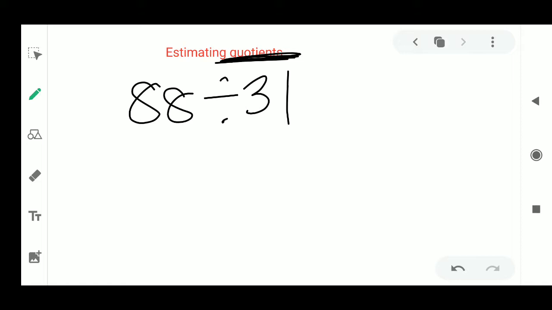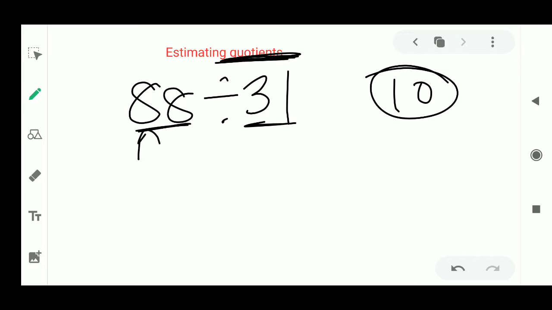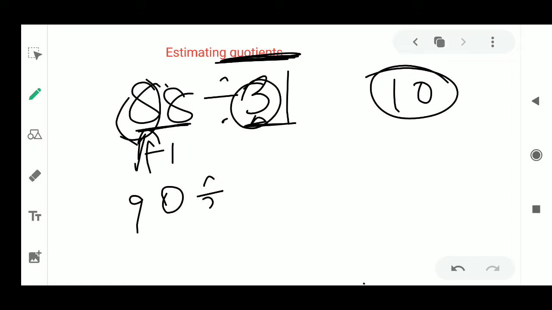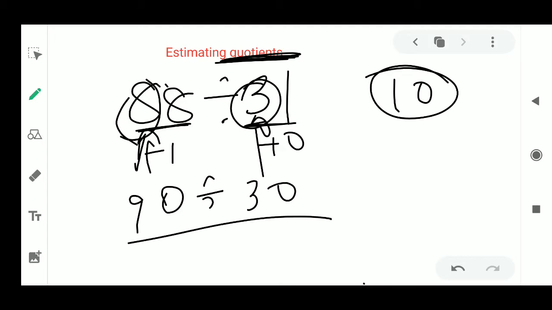To divide this, first of all we will round up these two numbers. Again we take the nearest 10, so 88 rounds up and we add 1, so it is 90. Divided by 31, again round up, 3 plus 0, 30. So you can divide 90 divided by 30 and easily get 3.